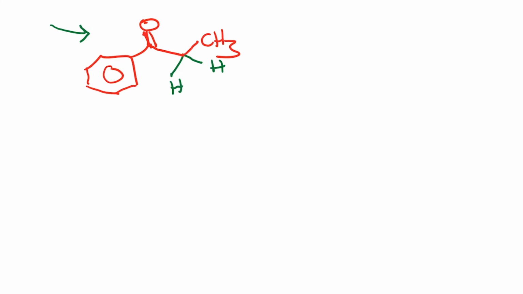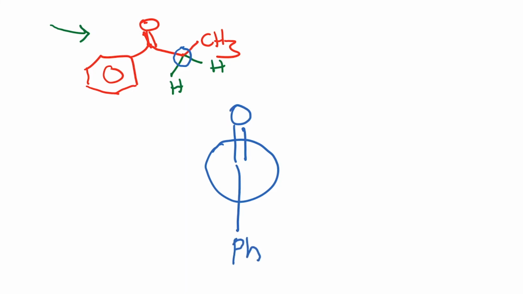This is the carbon that I'm using to draw the back carbon, and C double bond O is here, Ph is below, the two hydrogens are here, and the CH3 is actually behind. If I draw this molecule using the Newman projection method, it's going to look like this.